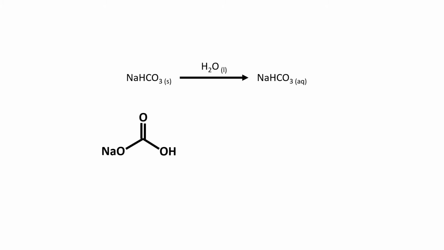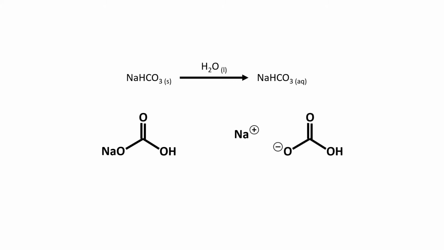So as you can see in the structure, we've got this sodium, and then we've got the oxygens, the carbon and the hydrogen forming this carbonate, or hydrogen carbonate species. Well, when we dissolve it in water, these ions separate.